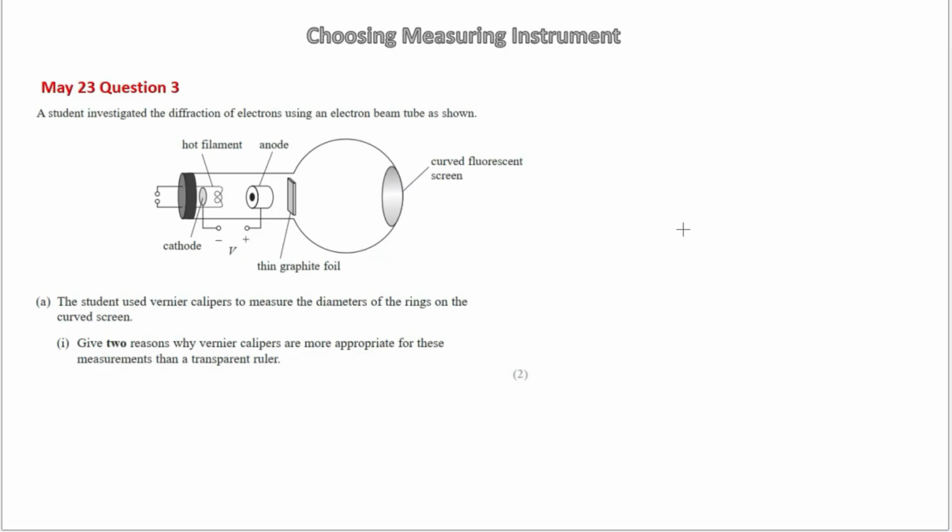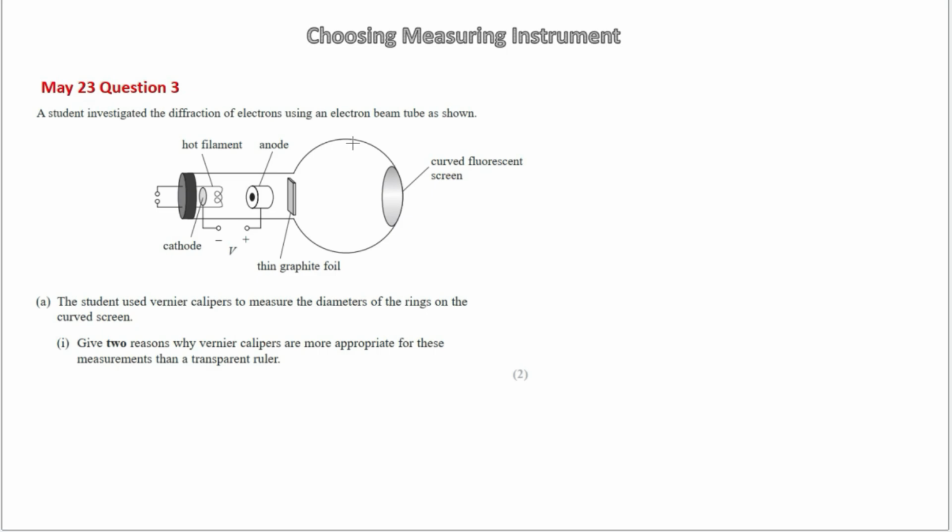The next concept is choosing a measuring instrument, and this question is from May 23. A student investigated the diffraction of electrons using an electron beam tube as shown. The student used vernier calipers to measure the diameter of the rings on the curved screen. Give 2 reasons why vernier calipers are more appropriate for these measurements than a transparent ruler.